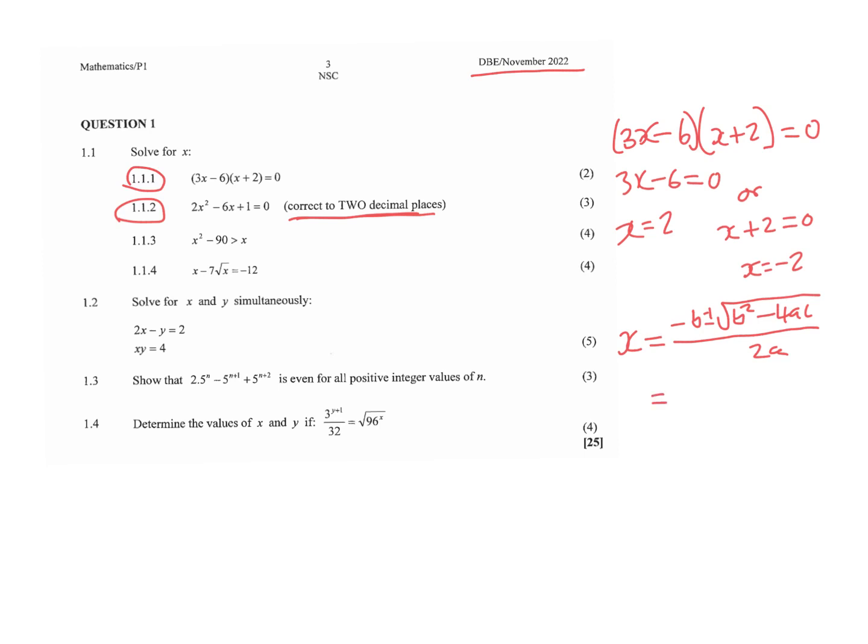Your b is negative; negative times negative gives you positive. So we have 6 ± √(6² - 4(2)(1)) all over 2 times your a, which is 2.